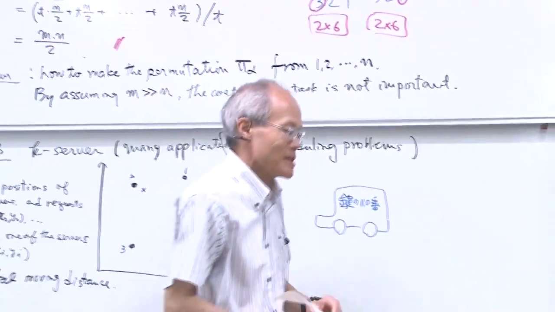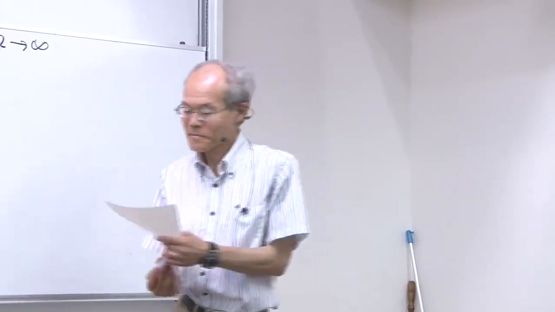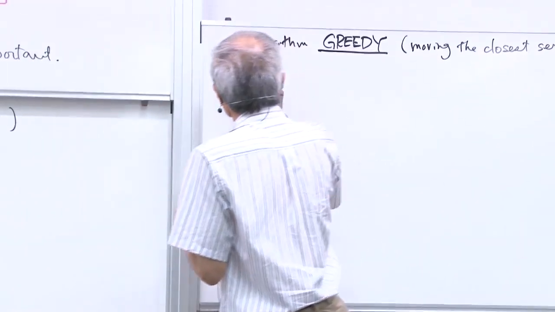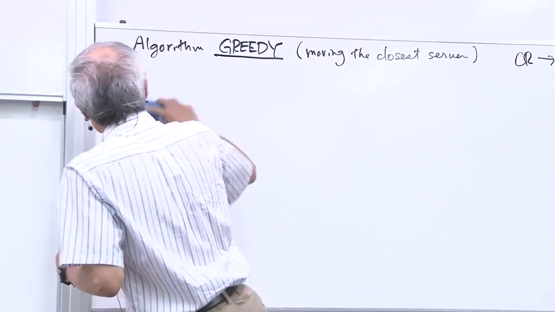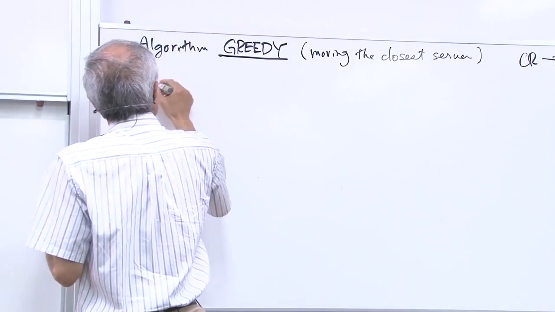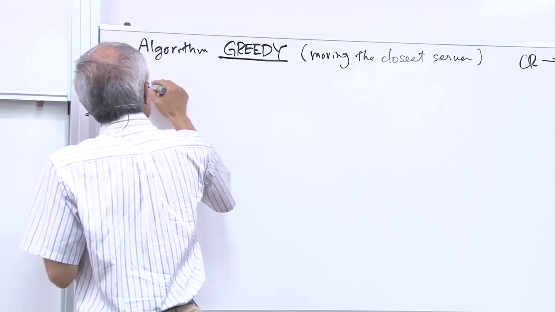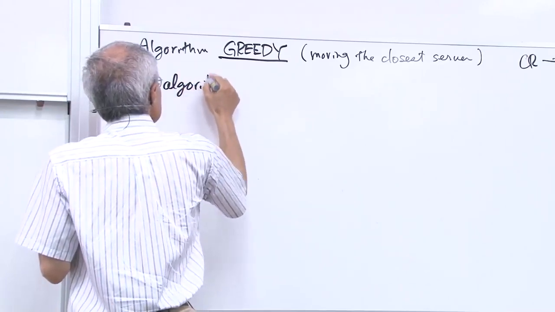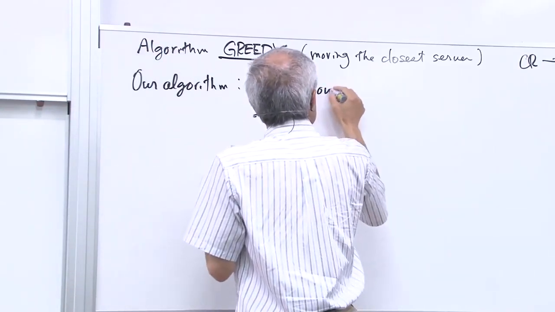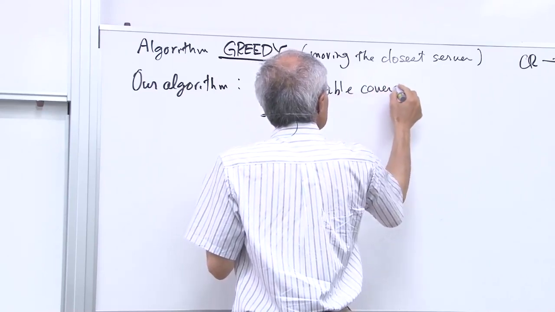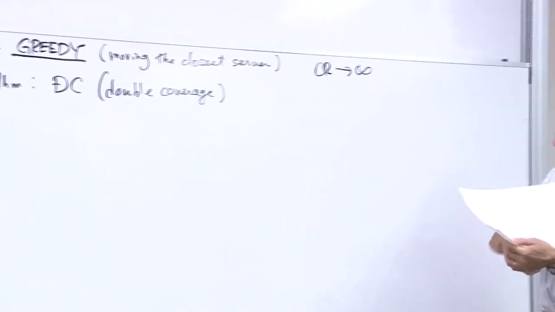Now, I'll show you a good algorithm. Our algorithm is called DC.